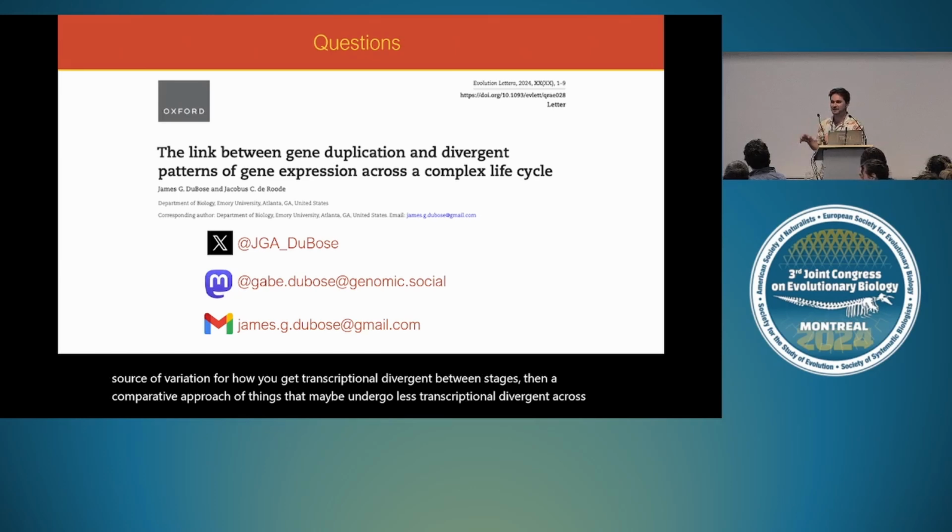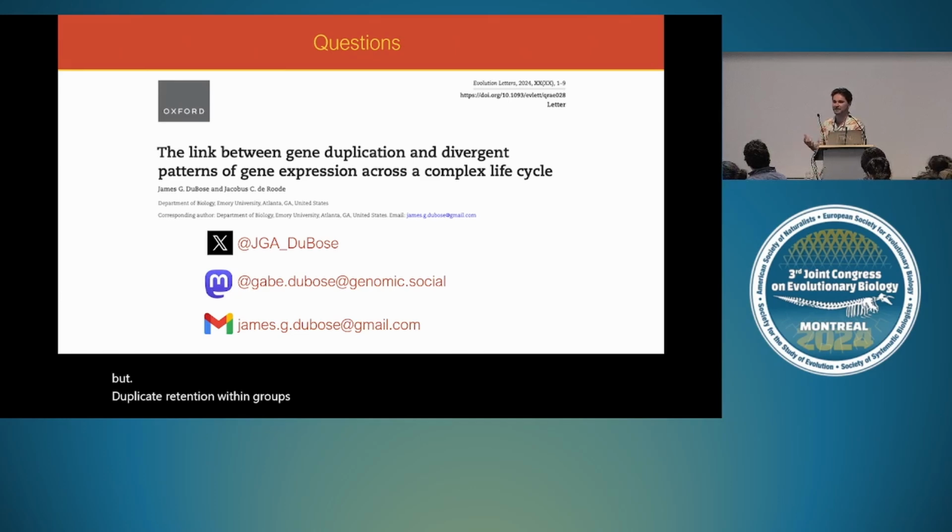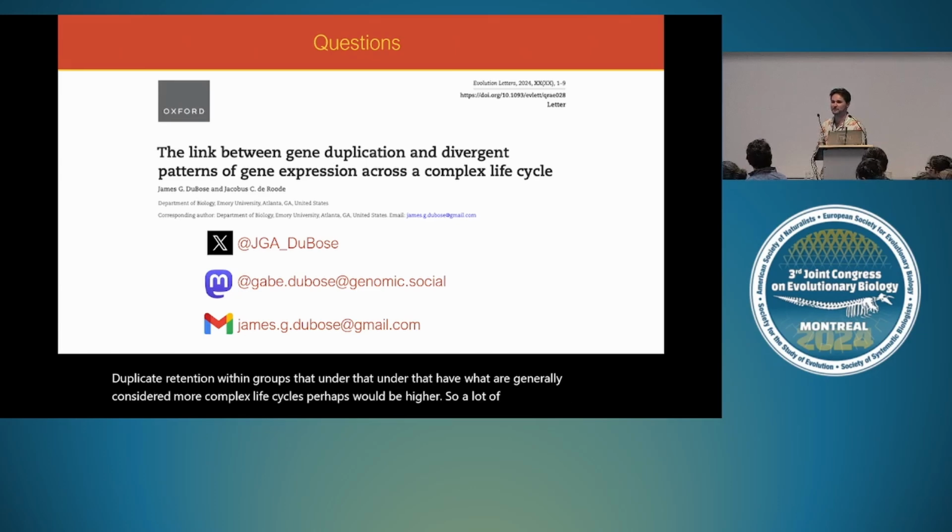What I would expect would be patterns of duplicate retention. Theory suggests that the rate of duplication should be constant, but duplicate retention within groups that are generally considered to have more complex life cycles would perhaps be higher. There is a lot of cool pop gen work going on with structural variants that I'm excited about. But yeah.